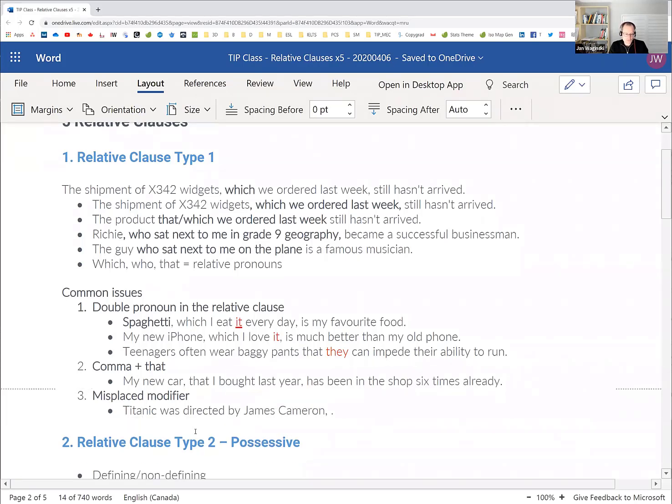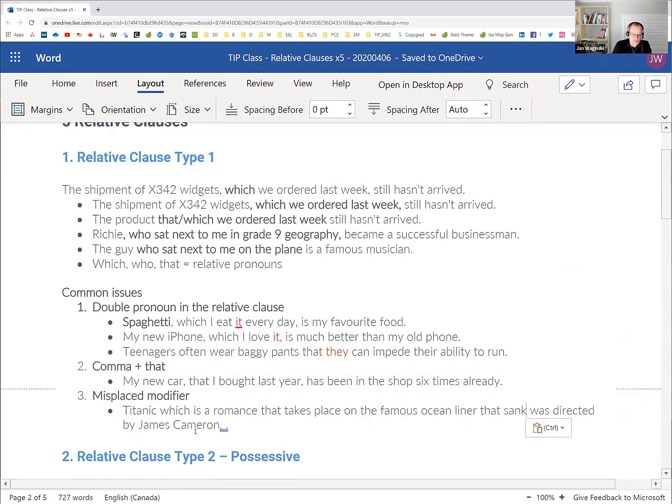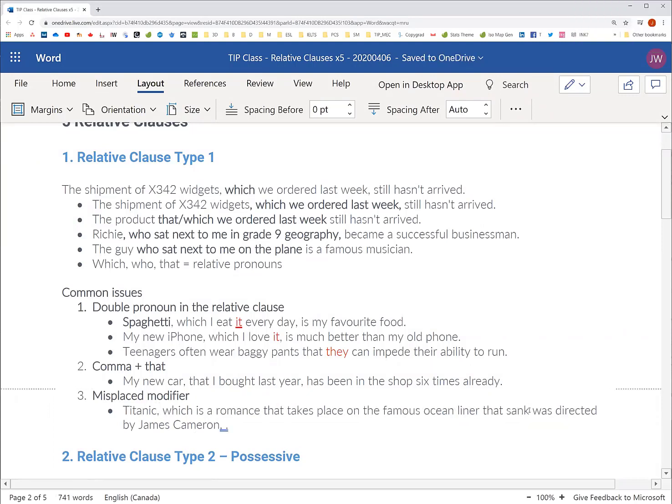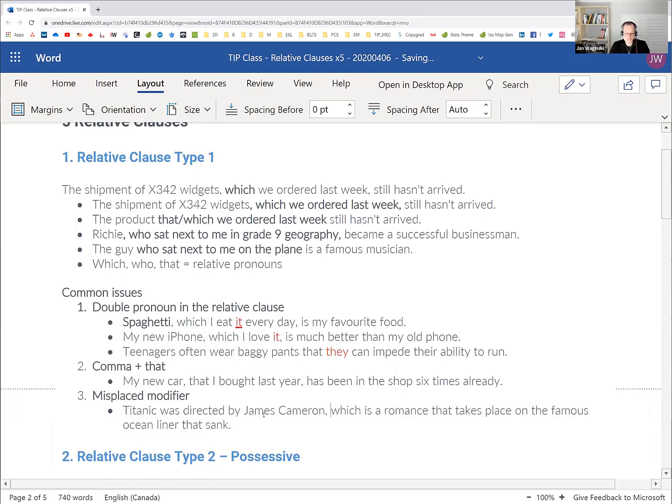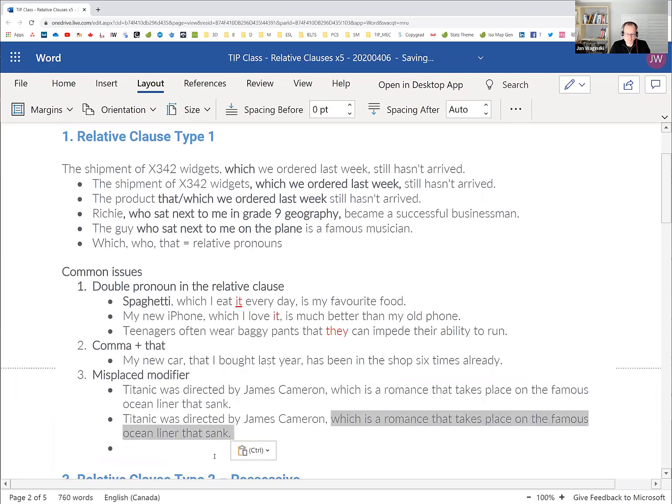So it's got to go here. Make sense? You know what, I'll just do it down here below so that you can see both versions.